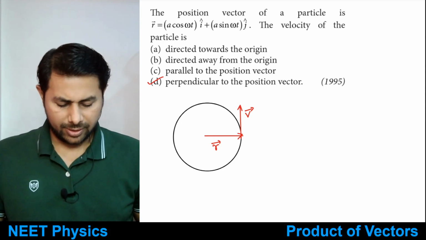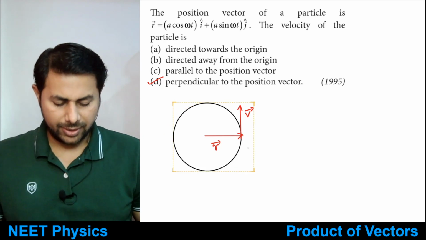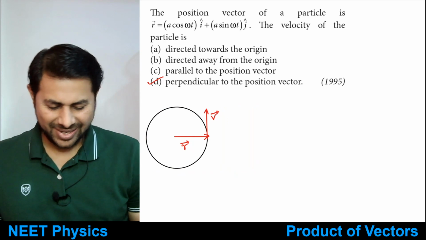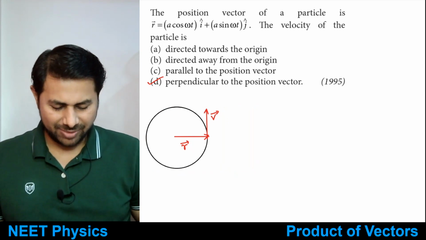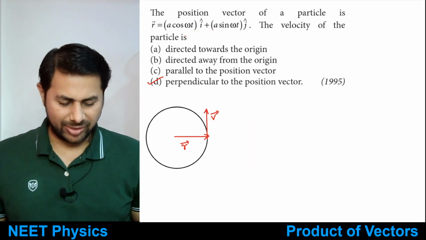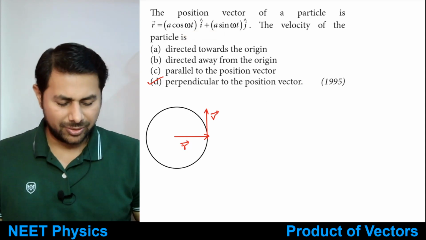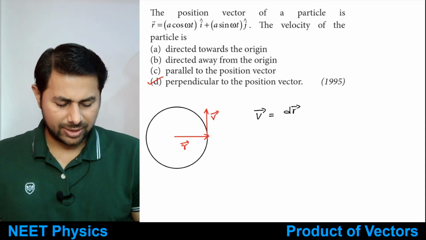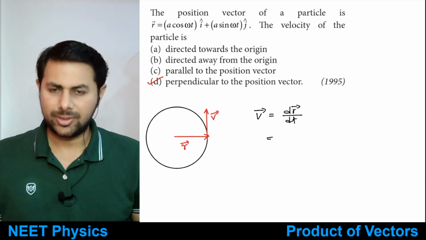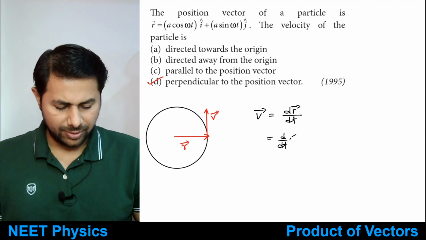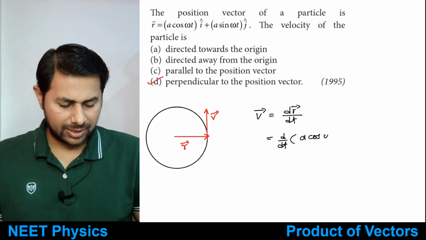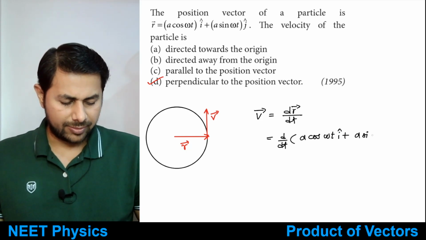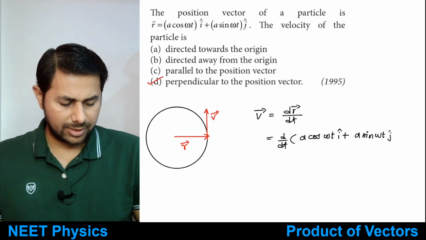This is the answer. Now if you don't know, then you can check it, but I will not advise that, because I told you, just remember this position vector. But if you want, you can check it. How? Take velocity. What is velocity? You know velocity is dr by dt, so take the derivative of a cos omega t i cap plus a sin omega t j cap.